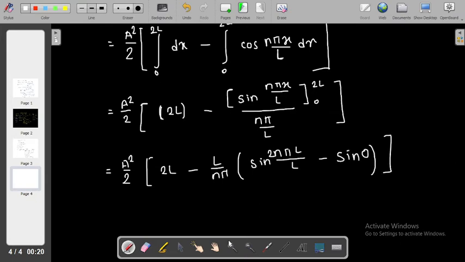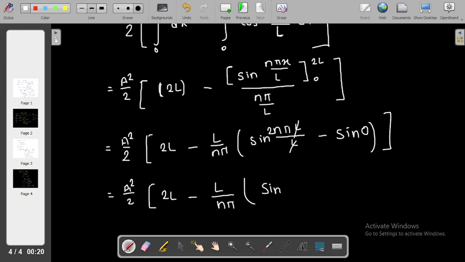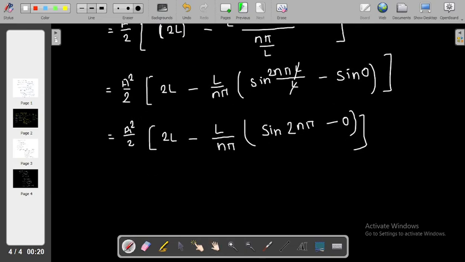I know that sine 0 means 0. Now look at that, here L and L are cancelled out, so sine 2 n pi minus 0. We know that sine 2 n pi will be 0. So finally we will have A square by 2 into 2L.